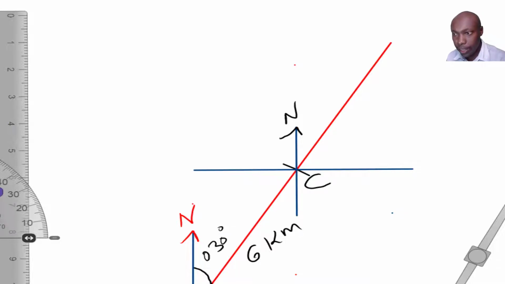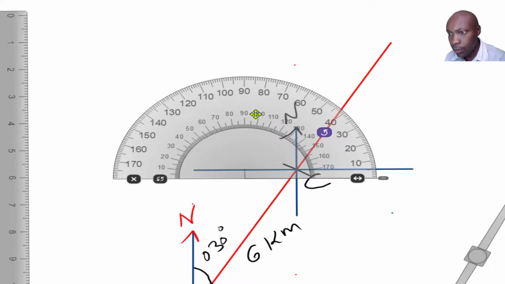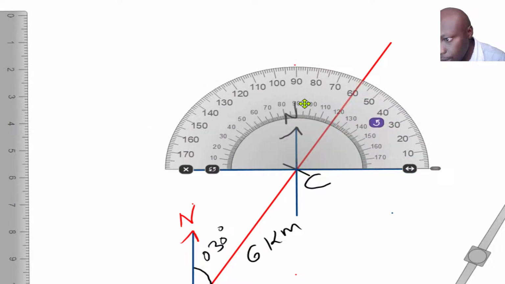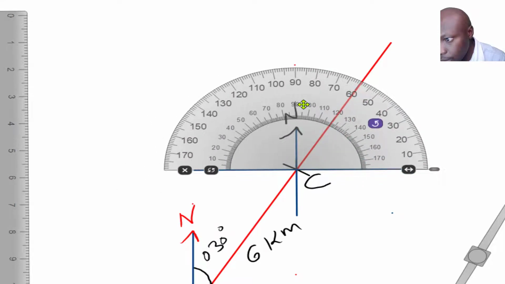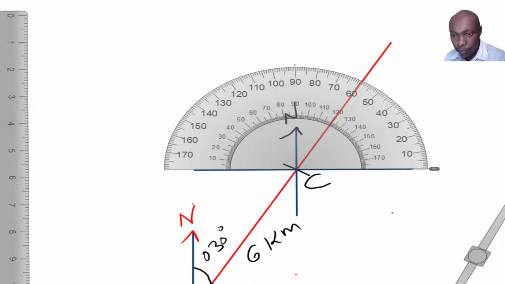So 300 degrees from C. We've just said we shall measure 30 degrees just here, 30 degrees from this end. So 30 degrees will be somewhere there, because when we move from the north in a clockwise direction, we'll go to 0, then 90, then 180, then 270.